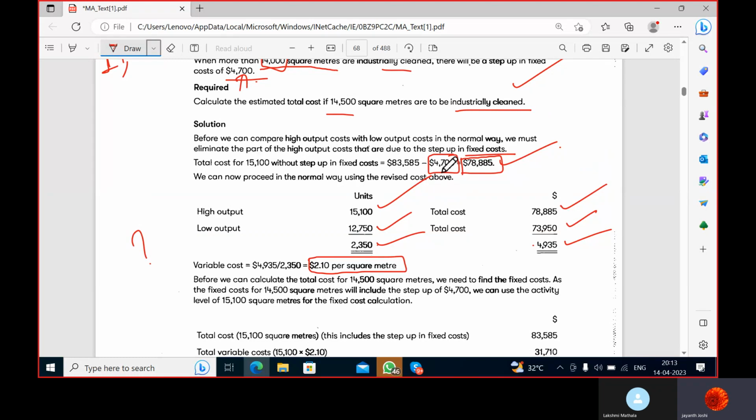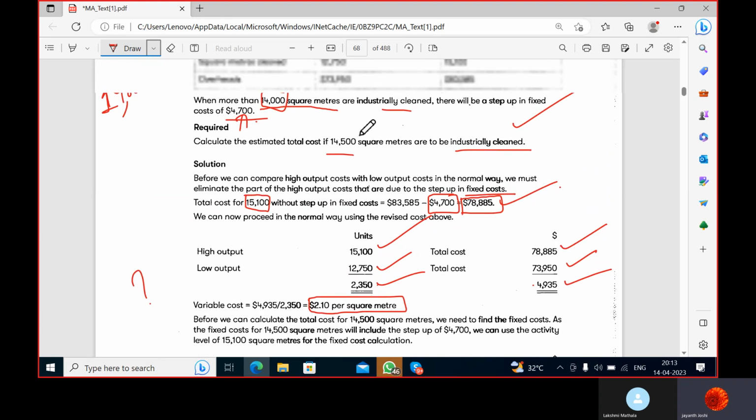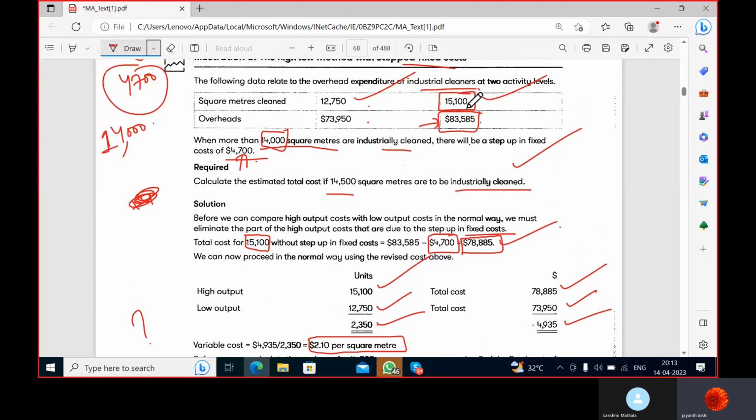I said you need to remove the step up fixed cost from the activity which is beyond the level they have given. Beyond what level? Beyond 14,000. Beyond 14,000, what is happening? There is a step up in the fixed cost. And this is the activity which is beyond this level. So we will remove the fixed cost from this and we'll get the cost without step up.